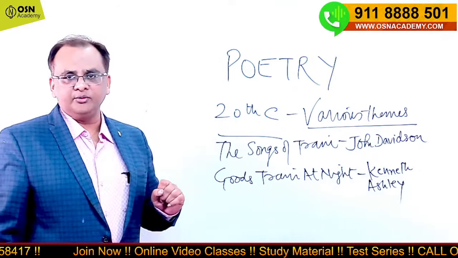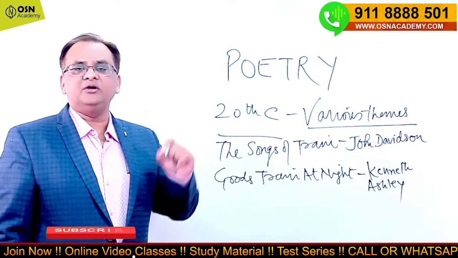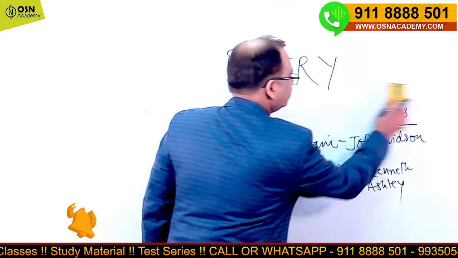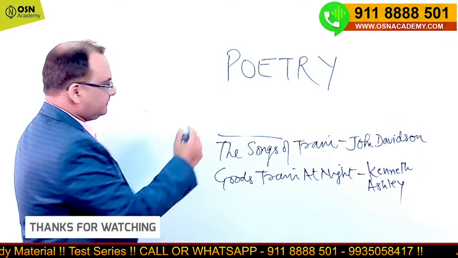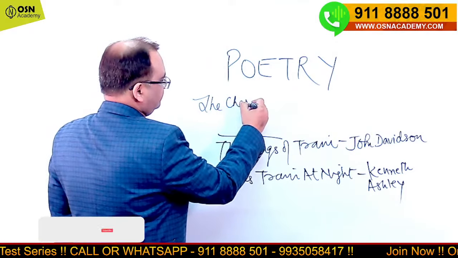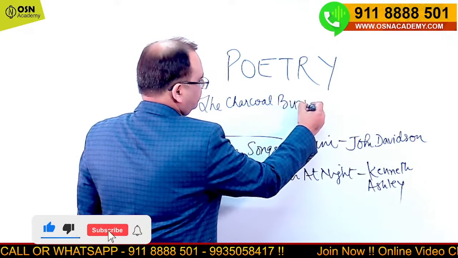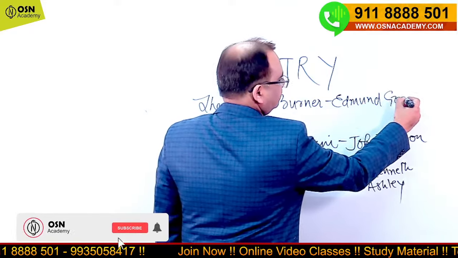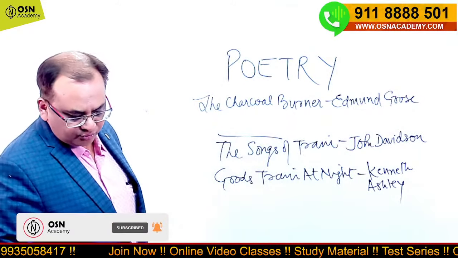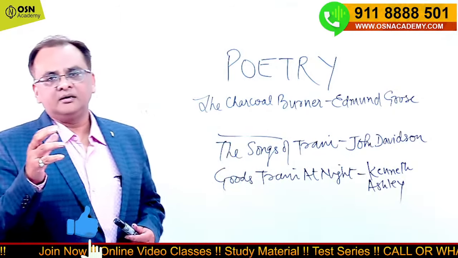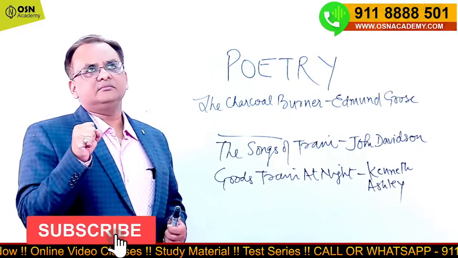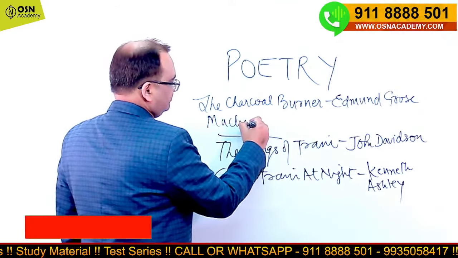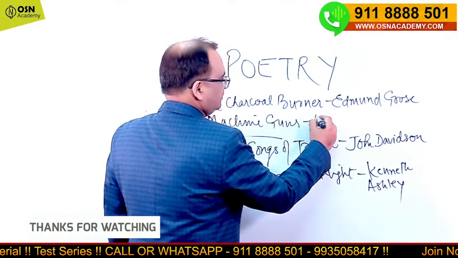Then there is also a modern poet known as Edmund Gosse. उसने एक पोएम लिखा है जिसका नाम है द चारकोल बर्नर. एडमंड गूज. एक और पोएम है मशीन गन्स बाय रिचर्ड एडलिंगटन.